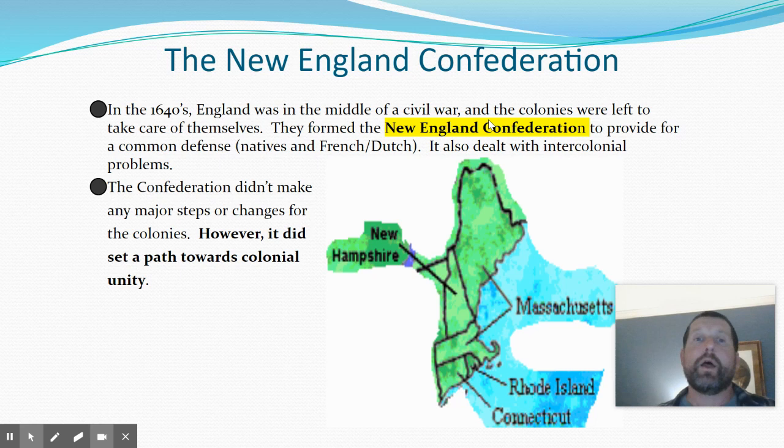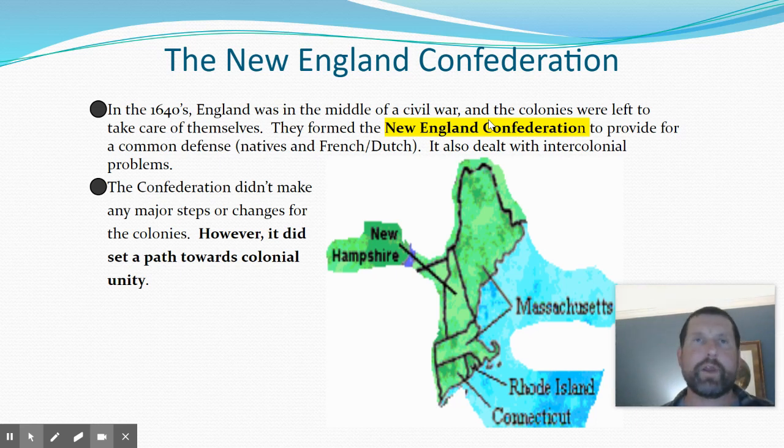What we see here is a concept we're going to get to later called salutary neglect. I want you to pay attention to that term because it's absolutely going to play an important role. Again, seeds are being planted here. It's going to play an important role in eventually tensions rising, right, between the mother country English and the colonists in this new world.